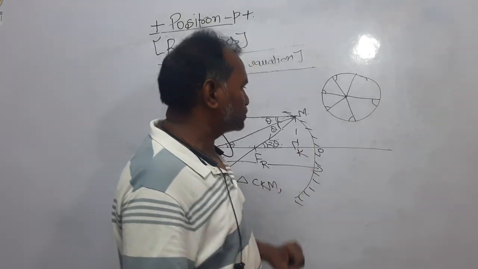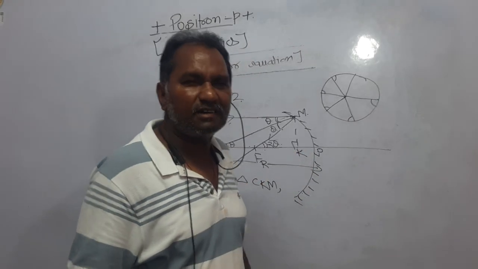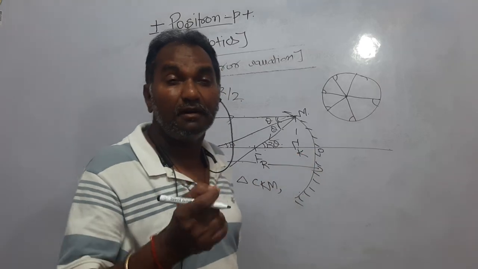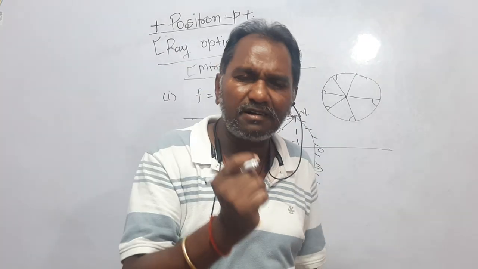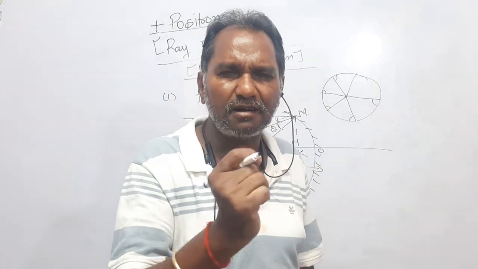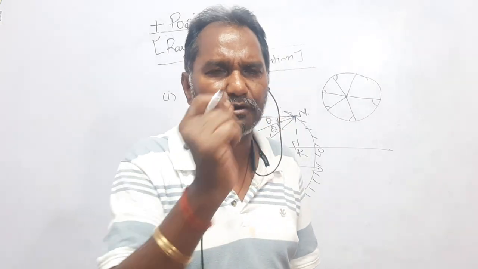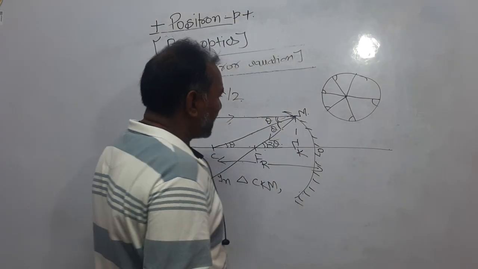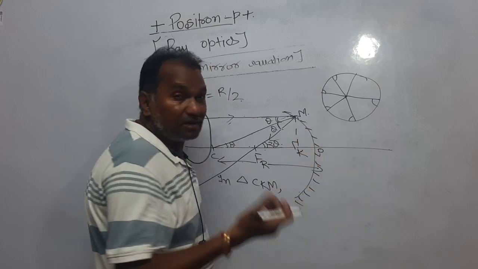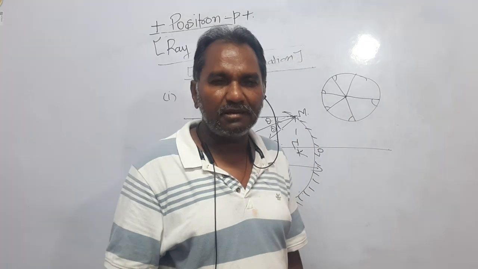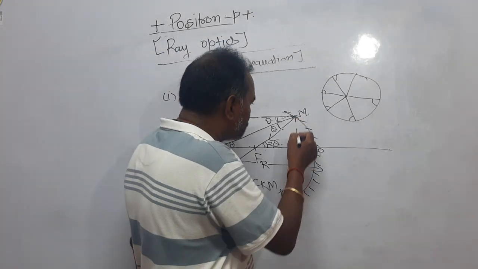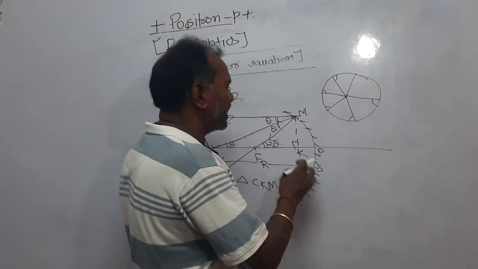So wherever we consider K, that distance we measure from P, because in the case of a mirror or a lens, all distances are measured from the pole, right? So we assume MP is not an exact perpendicular. That is in order to let you understand that I have drawn a perpendicular and assumed that K is very close to P.